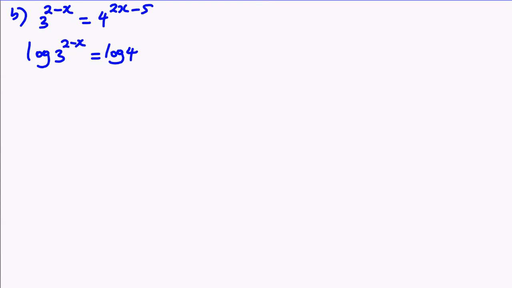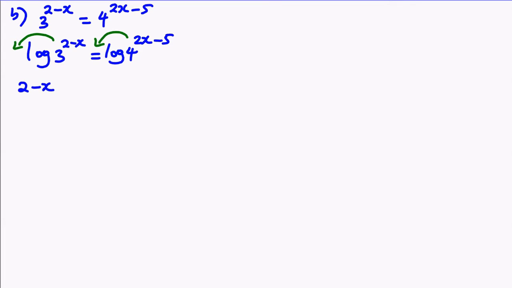Second question, this is B: 3 to the power 2 minus x is equal to 4 to the power 2x minus 5. So the first step is to take the logs of the left and the right hand side. And then bring these powers to the left.